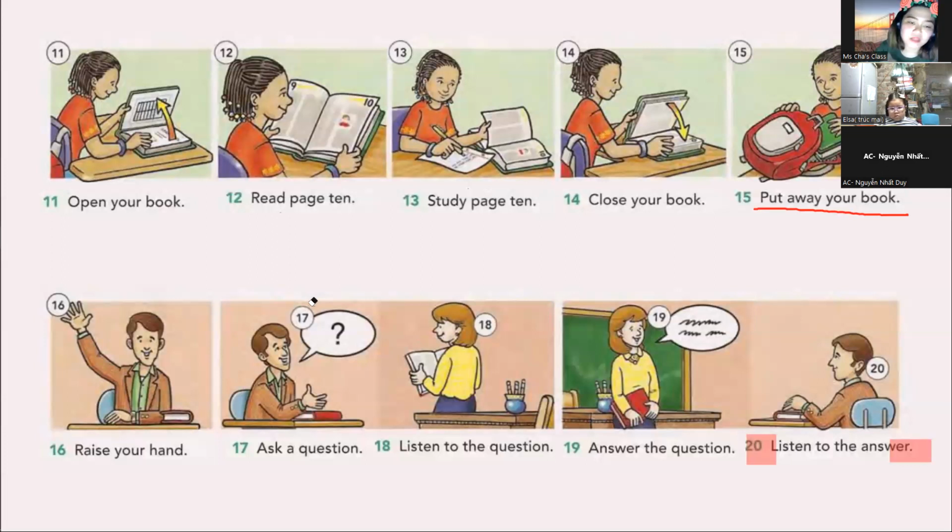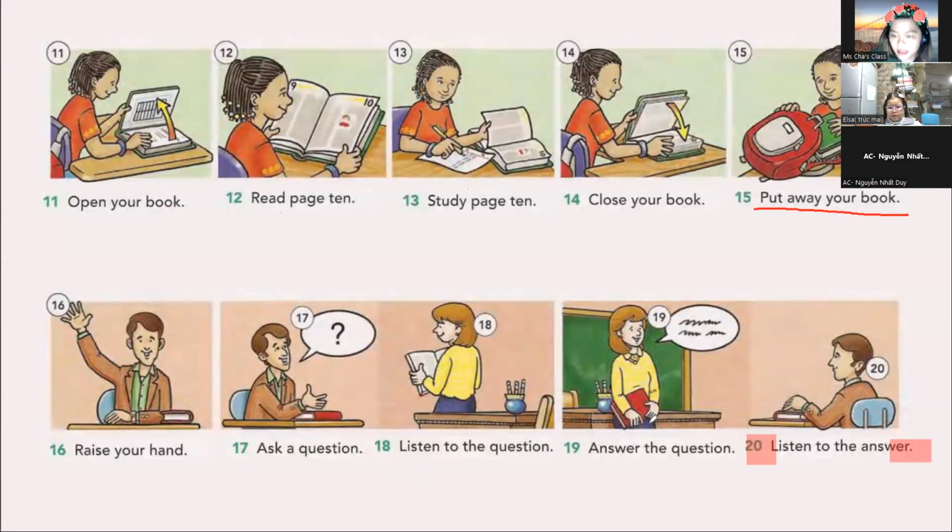All right. So with this one, of course, number 17, ask a question. For example, there is something that you don't understand. So you can ask a question to the teacher. All right. And of course, listen to the question. We need to listen to the question so that we can answer it correctly, right?